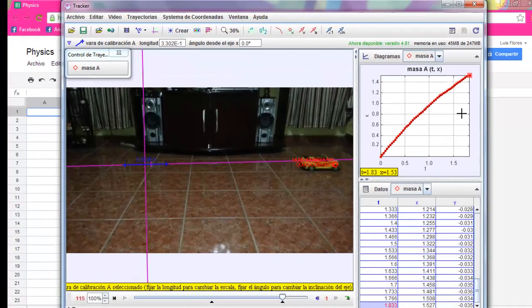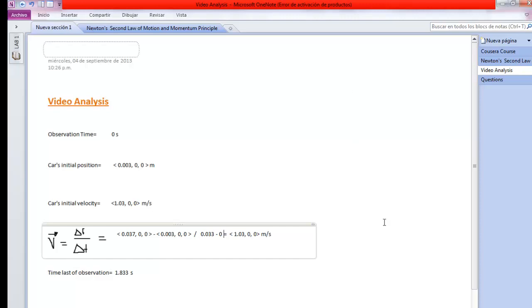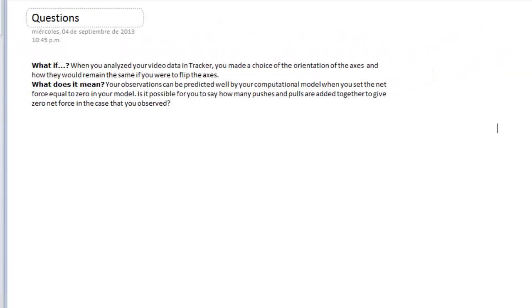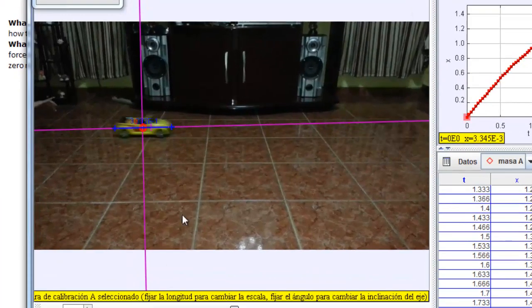Now we got some questions to answer. When you analyze your video data in Tracker, you made a choice of the orientation of the axis. How would your results change if you were to flip the axis? Well, in our observational model, I took the positive x-axis and the positive y-axis.